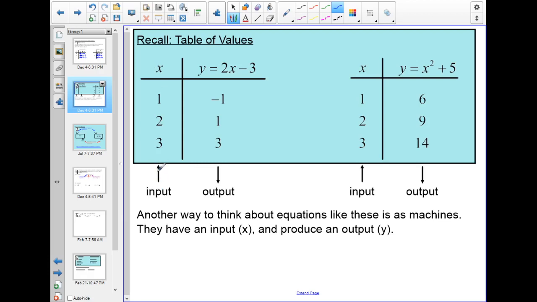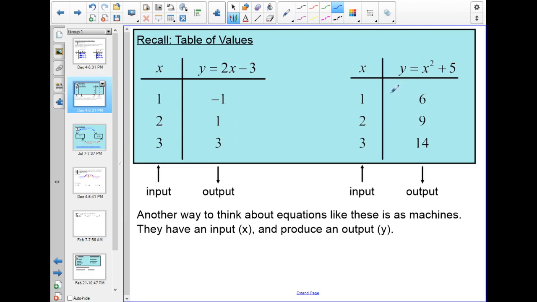Those are the values that we are putting into this relationship. And in particular, we're putting them into the x value, or the independent variable. And then this relationship performs some sort of calculation based on a set of rules. And then we get some sort of output, which is contained in this column.